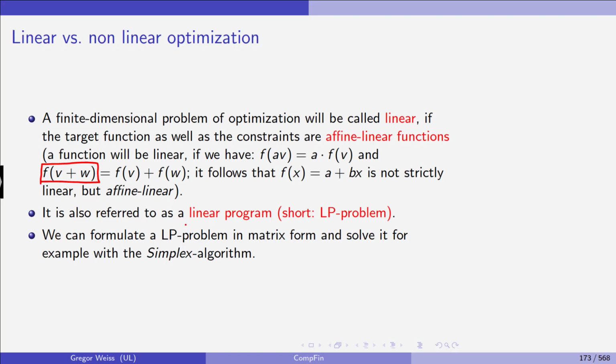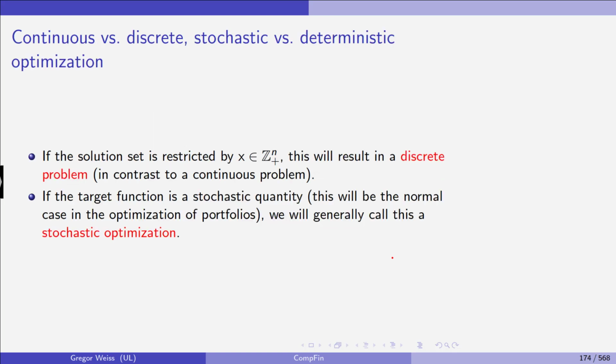We call this also a linear program or an LP problem, ein lineares Optimierungsproblem, ein lineares Programm. And you might have seen this in the math class in the first and second semester. For linear programs, we have the so-called simplex algorithm, and you solve it in matrix form, and you get the solution with the simplex algorithm. I'm not showing this here.